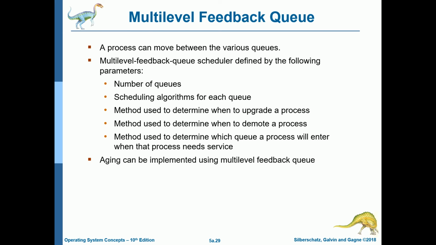The definition of a multi-level feedback queue scheduler makes it the most general CPU scheduling algorithm. It can be configured to match a specific system under design. Unfortunately, it is also the most complex algorithm, since defining the best scheduler requires some means by which to select values for all of those parameters.